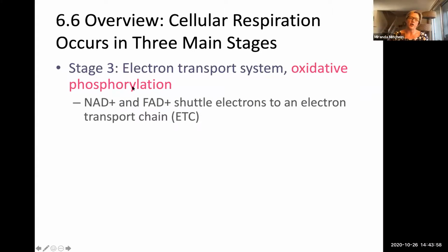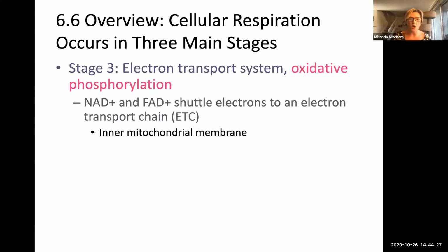So our electron shuttles, the oxidized forms, that's what the plus means, there's no electrons there, NAD and FAD, both work as carriers to shuttle electrons into the electron transport chain. This is occurring in the inner mitochondrial membrane, meaning that the cellular machinery, the electron transport chain itself, is located in that inner mitochondrial membrane.